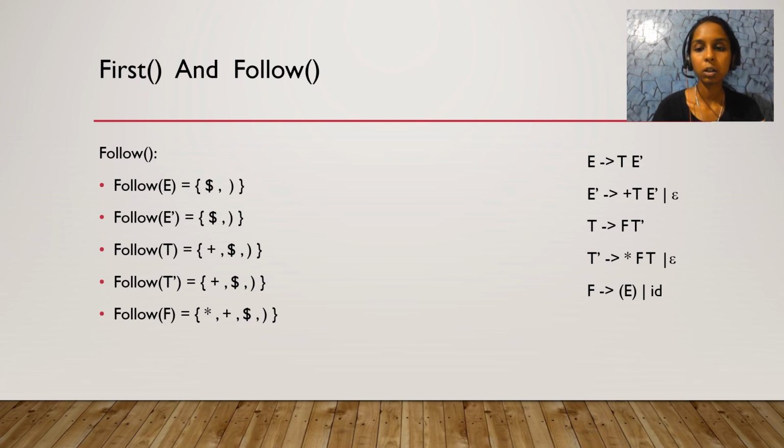T dash tends to star F T dash, so after T dash there are no symbols present, and it will be follow of T, that is plus, dollar and close parenthesis. Then follow of F is star, plus, dollar and close parenthesis.